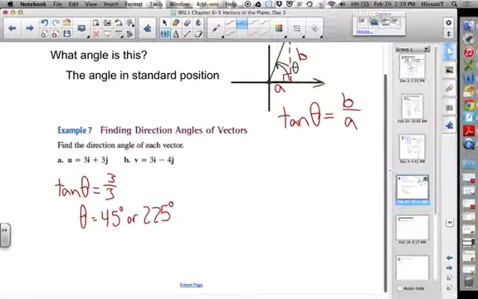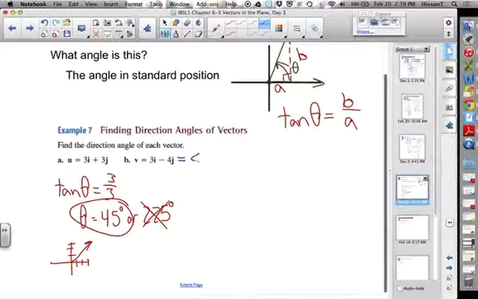The vector 3, 3 is going to go like that, so we know it's this one, not that. For vector v, I need to go 3, negative 4. So tangent of theta would equal negative 4/3.